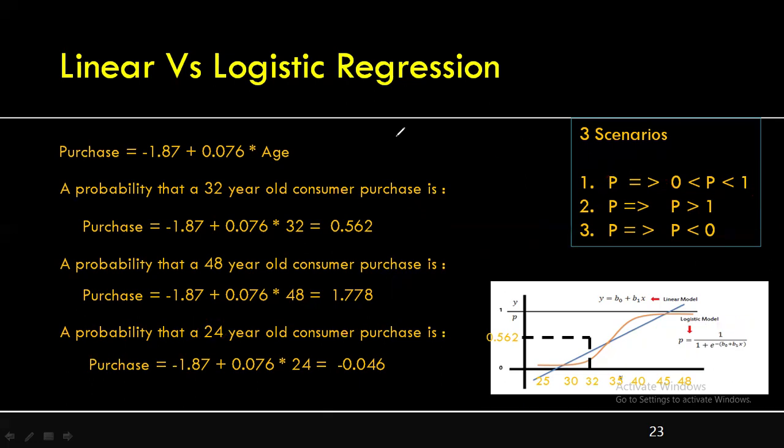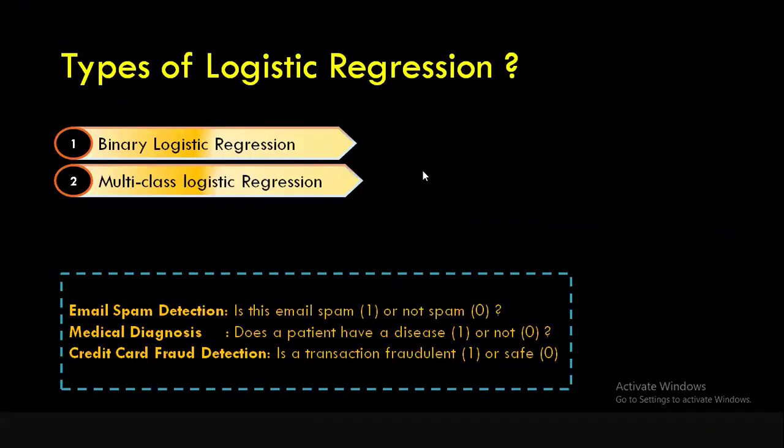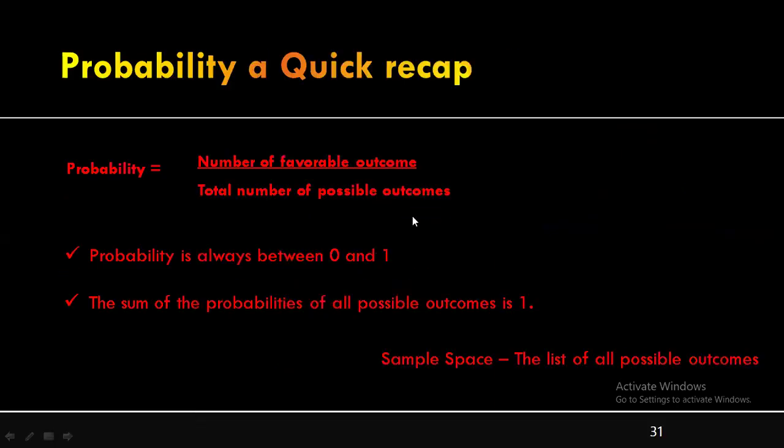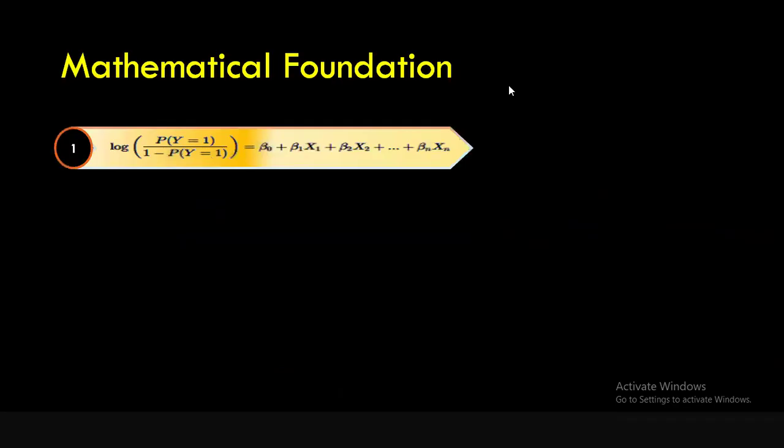Now I go to the slide where I wrote that. To obtain a probability, they took the exponentiation of beta naught plus beta 1 x1, and then divided by 1 plus exp of beta naught plus beta 1 x.